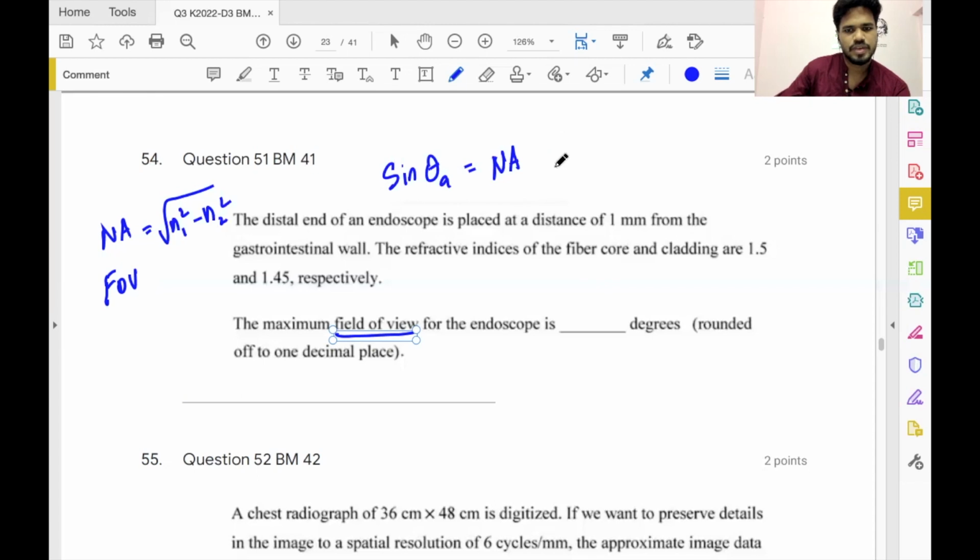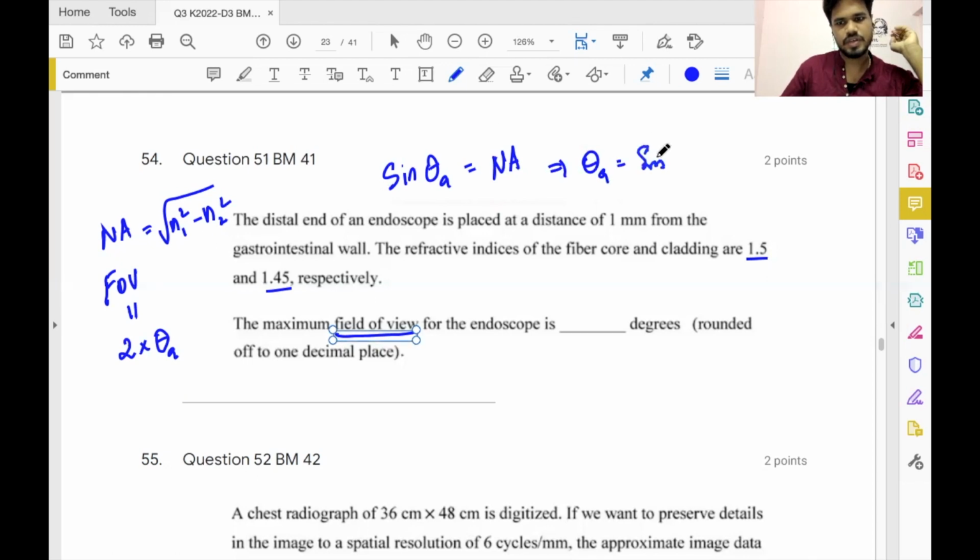So we can find theta a from these two pieces of information, and then field of view is twice this theta. So this implies theta a is sine inverse of root of n1 square minus n2 square.